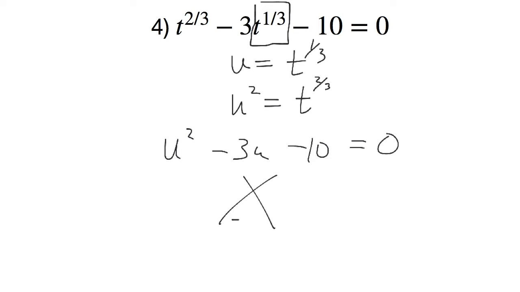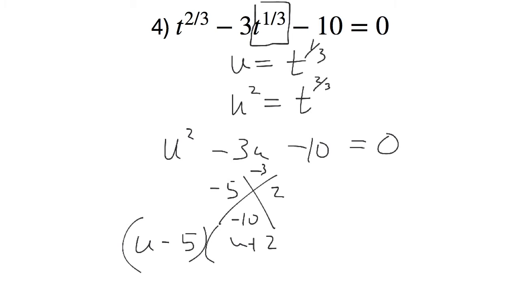What 2 numbers multiply up to negative 10 and add up to negative 3? That would be negative 5 and 2. So therefore, u minus 5 times u plus 2 is going to equal 0.